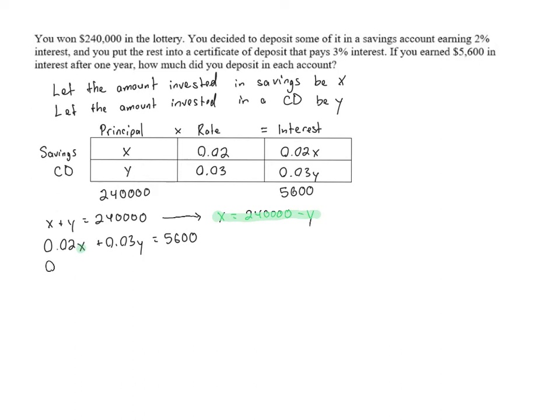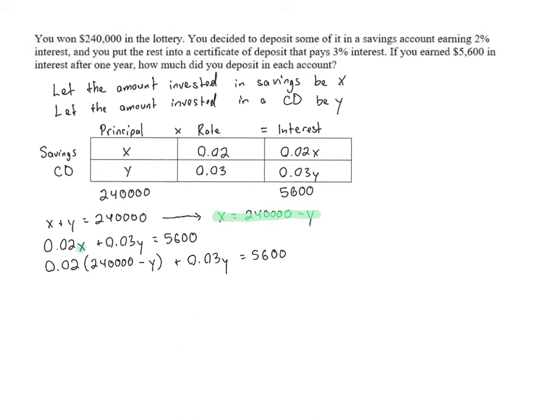We end up with 0.02, and then instead of x, we're going to multiply that by 240,000 minus y. Be careful that you have the right amount of zeros. If you miss one of those, you make a big mistake. Plus 0.03y equals 5,600. At this point, we have to distribute the 0.02.